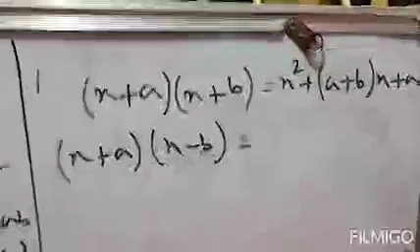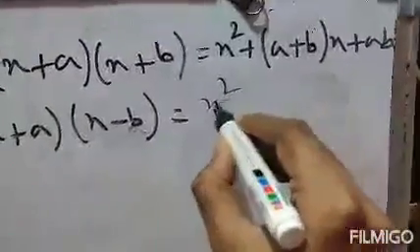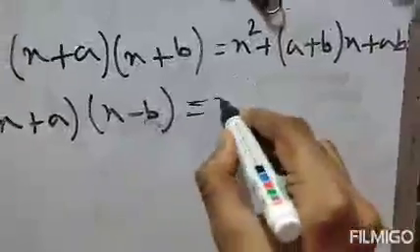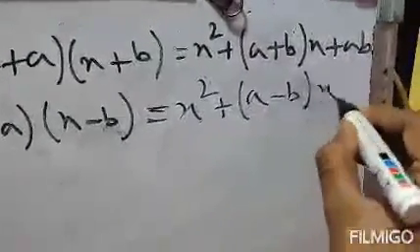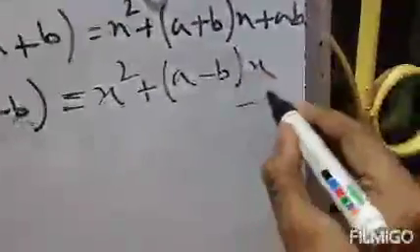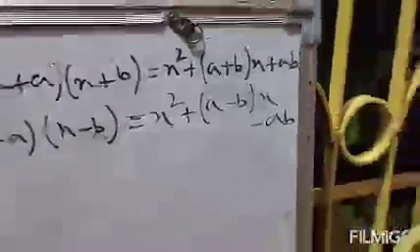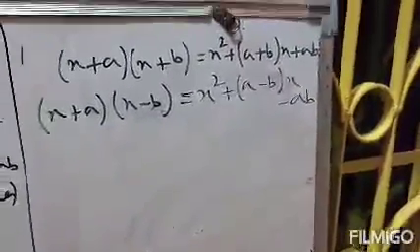Clear? Now this is one identity, and another identity is x plus a, x minus b. If it is a minus sign, then this will change. So the identity will be x square plus (a minus b)x minus ab.